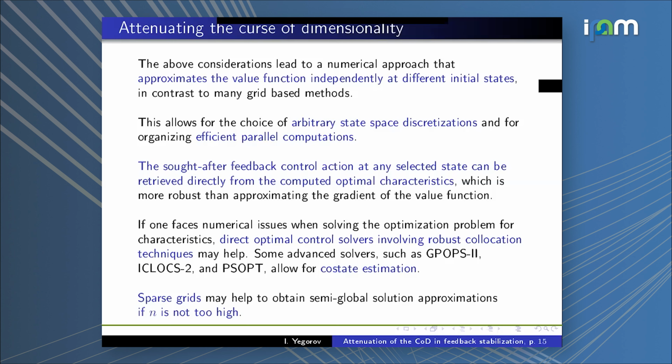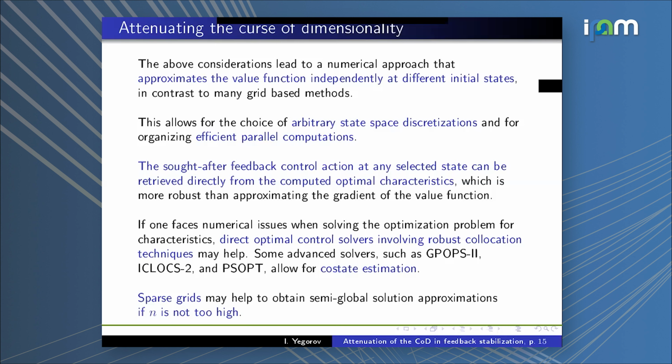So what can we actually do? If we are offline, we can take a certain set of initial conditions. We can treat them independently via parallel computations. So then we get this data on those nodes.